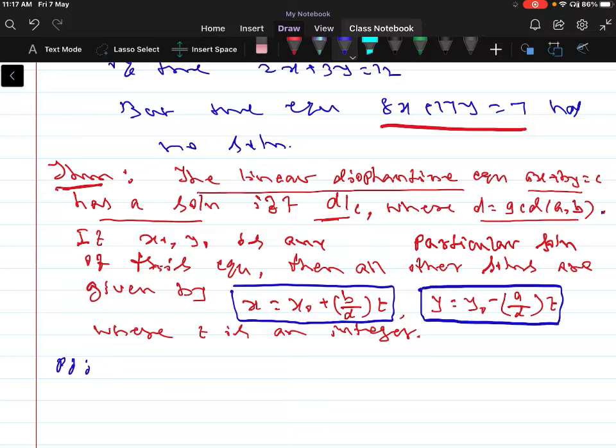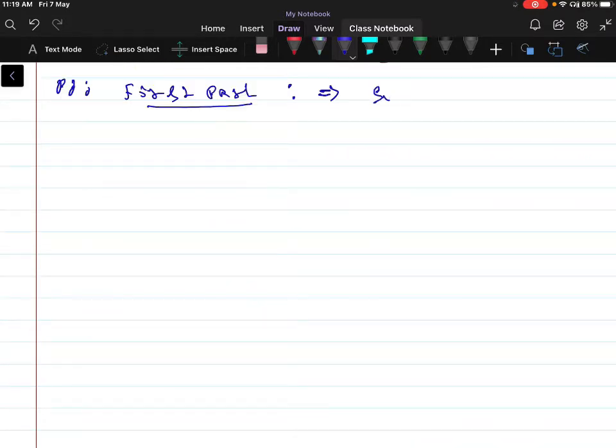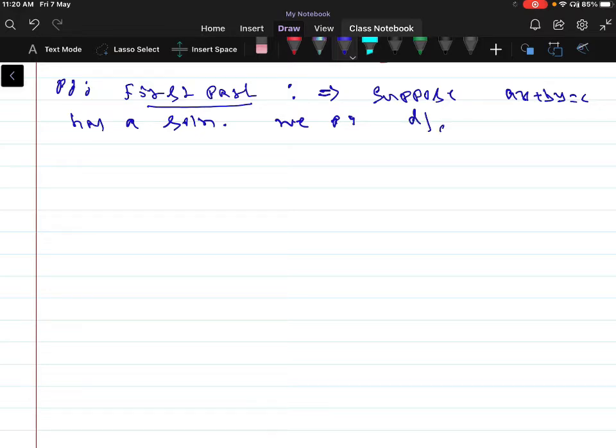So now let us move to the proof of the first part. Suppose we assume that the Diophantine equation ax plus by is equal to c has a solution, then we have to prove that d divides c, where d is the GCD of a comma b.